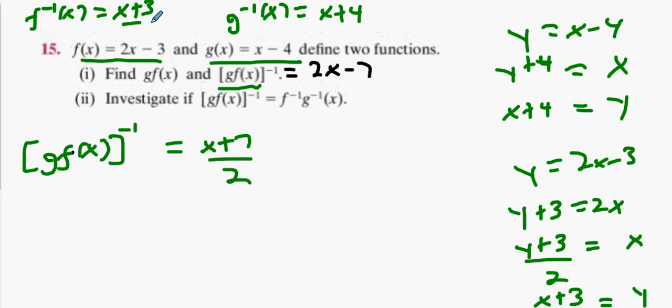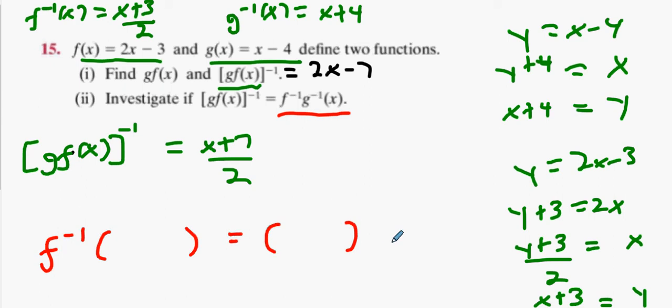Okay. Connell, which one does it want me to do first here? g inverse or f inverse? g inverse. So we're going to write down f inverse, and we're going to use g inverse as the input. And what are we hoping happens? It equals 2x minus 7, if it's true. It's not prove, it's investigate if. It may or may not equal. Okay?